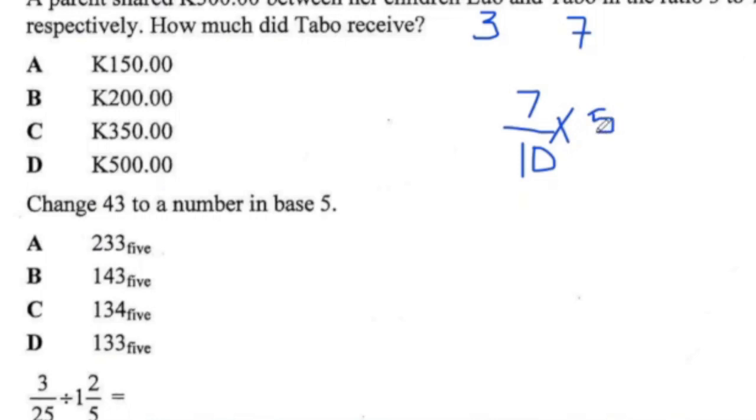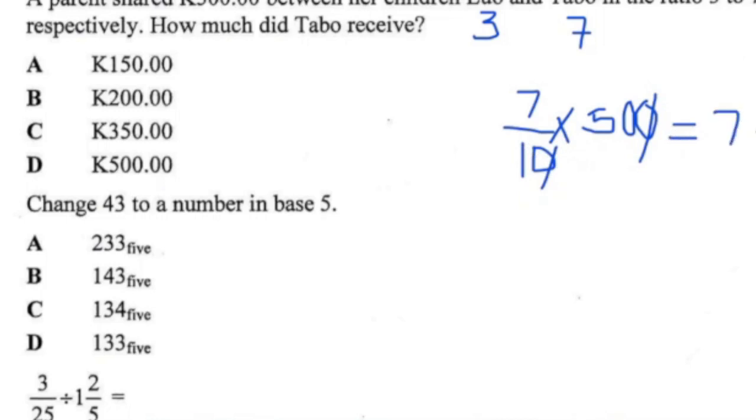Let me answer first where this 10 is coming from. I've added 7 and 3 because the total of the ratio is 10. The 7, which is the numerator here, is the ratio for Tabo. Once I've done this, we can cancel this 0 and this 0, and 7 divided by 1 gives us 7.